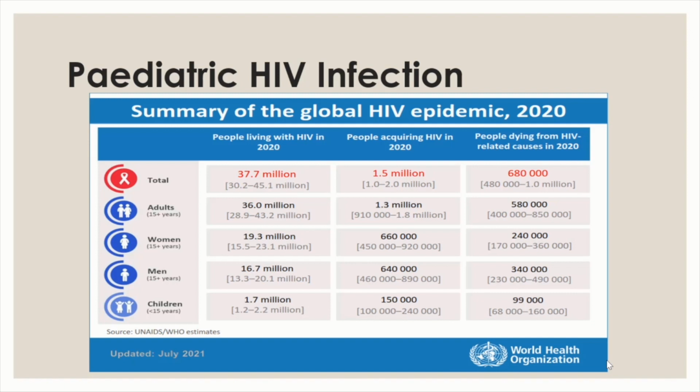Each day in 2020, approximately 400 children became infected with HIV, and approximately 270 children died of AIDS-related causes, mostly because of inadequate access to HIV prevention, care, and also treatment.